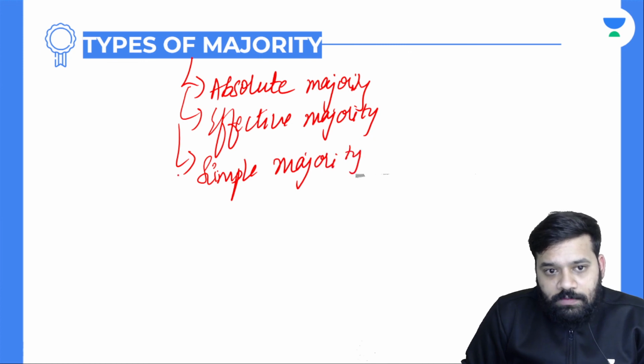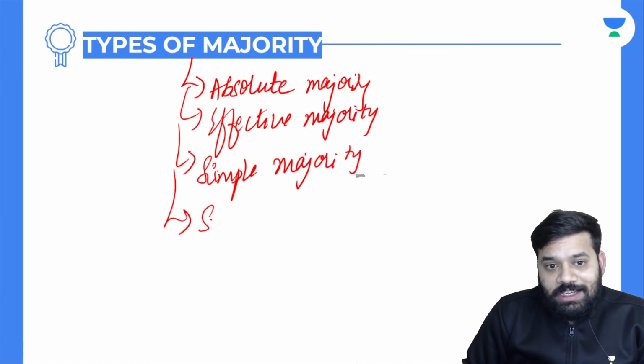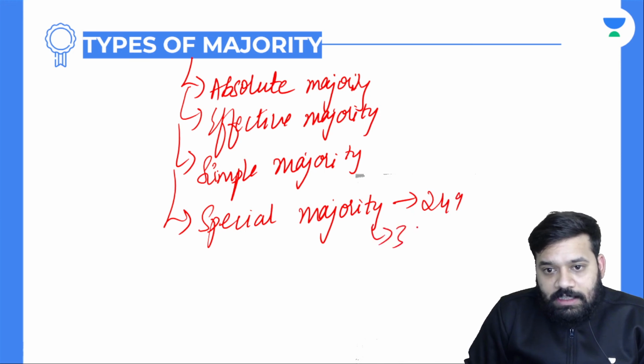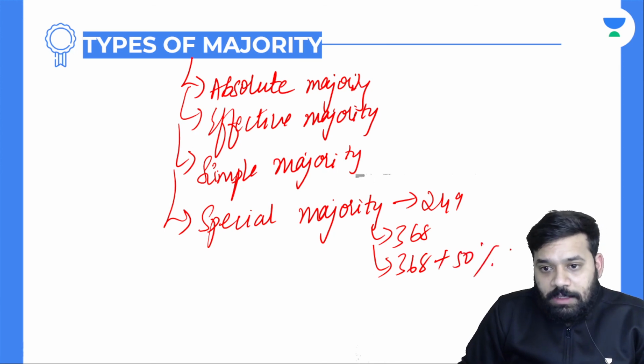And in which case do we use special majority? Special majority under Article 249, under Article 368, under Article 368 plus 50% ratification by states, and also under Article 61.